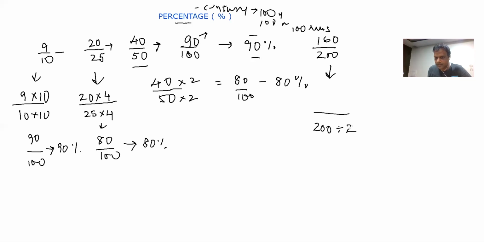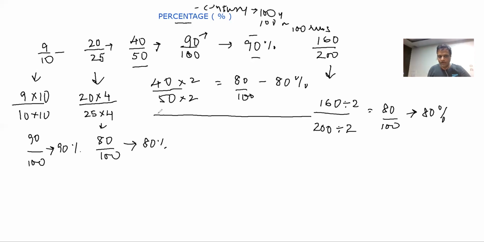That makes it 100. But then I'll have to divide the numerator also by 2. So what is the answer? 80 upon 100. And this is what percentage is, 80%. This is one way of understanding the percentage.